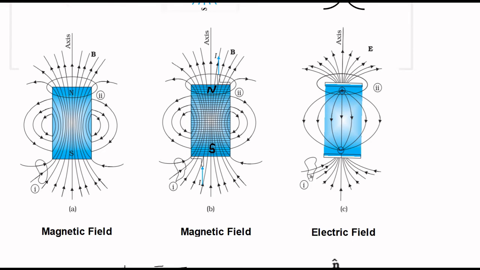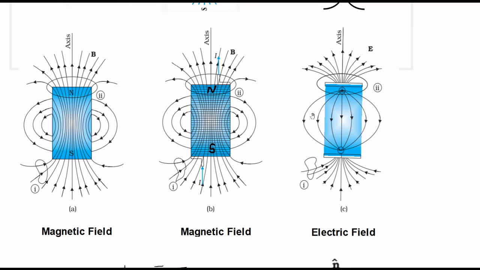However, in the same figure, for closed surface 2, there is a net charge Q enclosed by the surface. And hence there is a net outward flux.